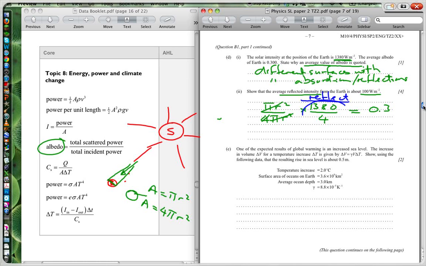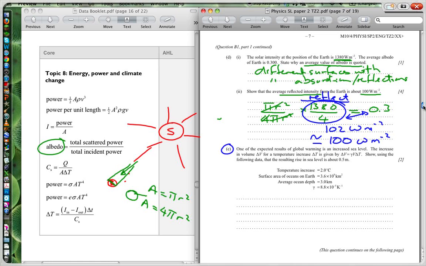It's going to be that value times that. And when I do that, I get about 102 watts per meter to the minus 2. So it's roughly about 100 watts per meter squared. Okay, I hope I made that reasonably clear. If you want further explanation, I'll be happy to help you with that.